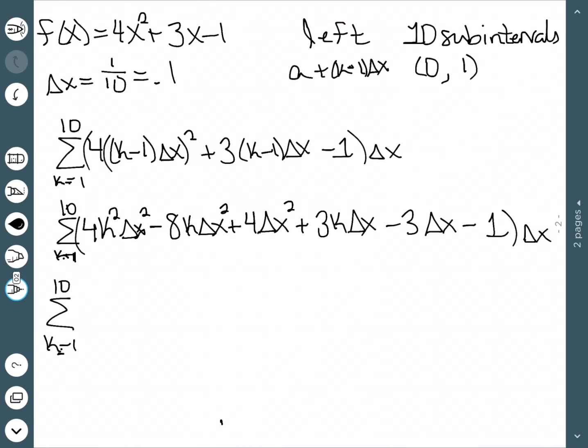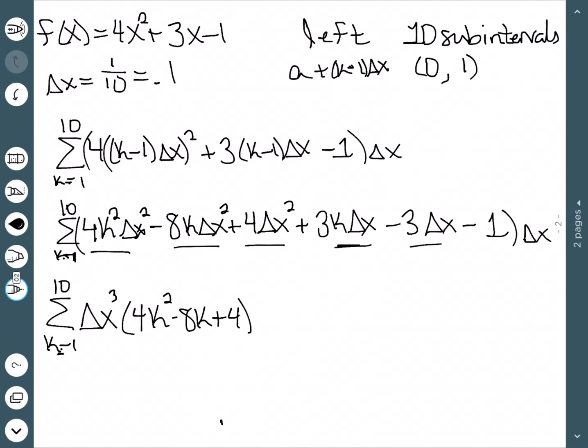I have these delta x squared terms, so I'm going to rewrite this. I'm going to multiply through by my delta x: delta x cubed times 4k squared minus 8k plus 4. These other two give me a delta x squared times 3k minus 3, and then this one is just minus delta x.